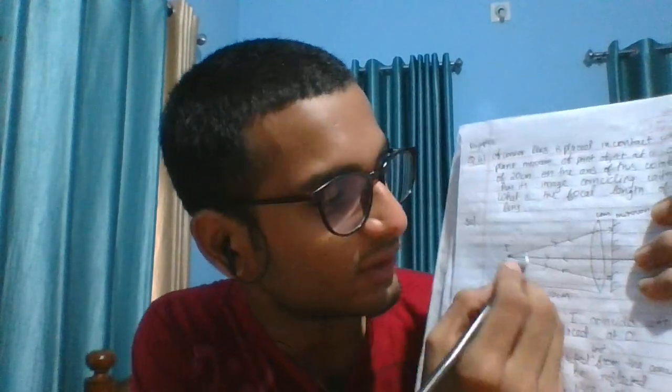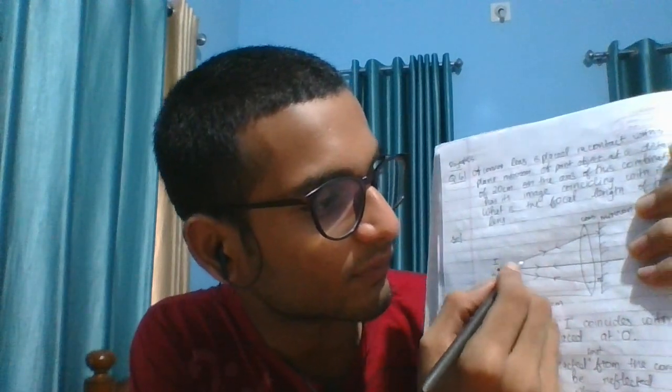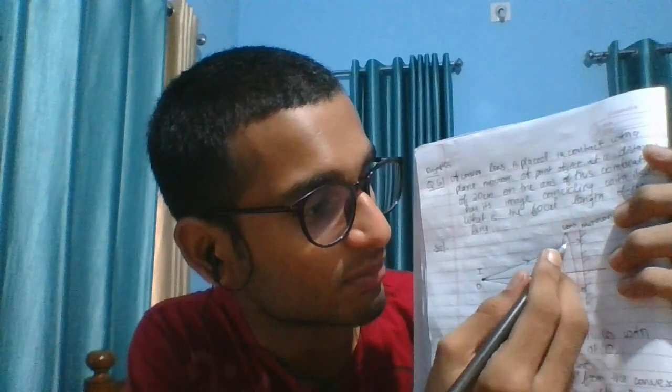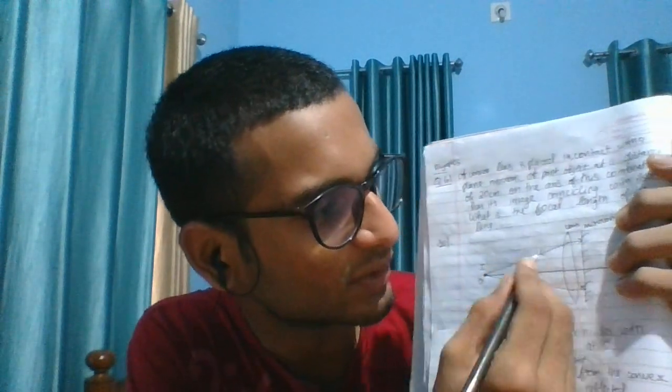Okay, I think I can improvise that answer if you still don't understand it. They say that it gets back here. Just think about it. First, it must go through refraction, right?